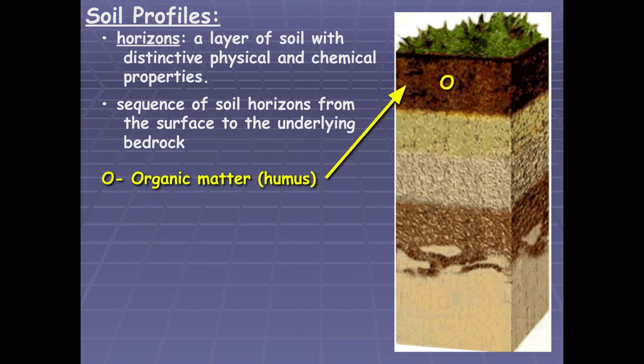So layer one, or horizon number one, typically occurs at the top of a soil profile, typically a dark color horizon, and it's termed the O layer, or what we would call organic matter, in which it's dominantly humus material. So this is where we have a lot of decayed organic material. And again, that would be reasonable to find at the top of a soil profile because trees die, animals die, and that's where organisms and organic material begin to decompose.